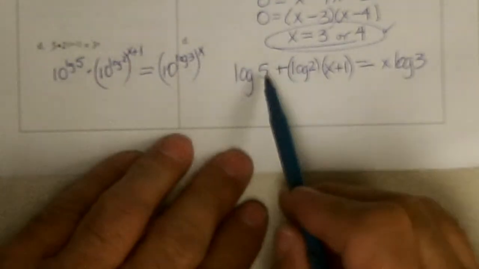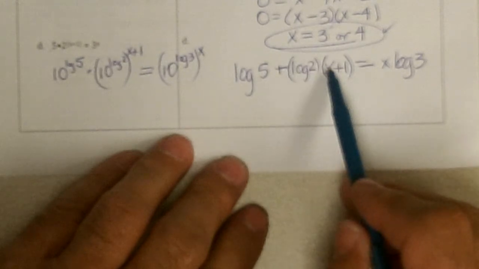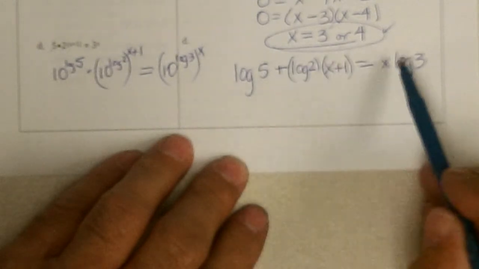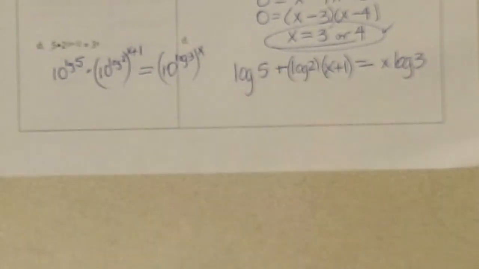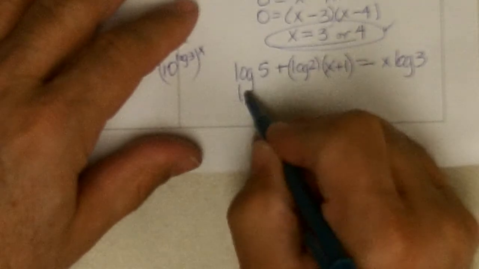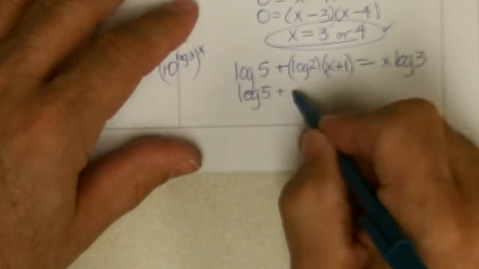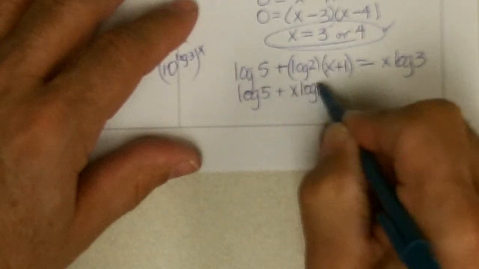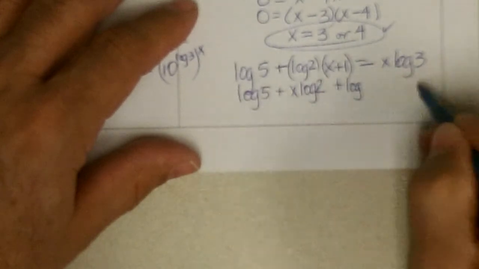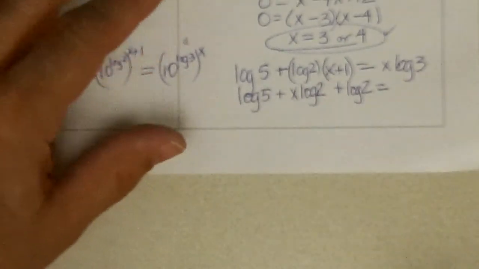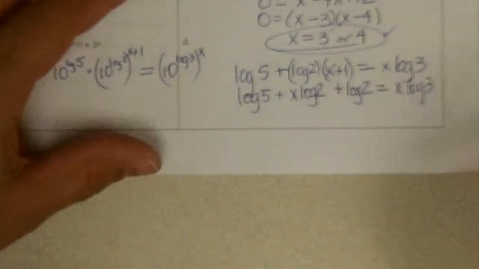Alright, this is just a number. This is going to be a number times x, and then a number. And this has got an x on it, so I'm going to move those over. So I'm going to rewrite this, first distributing that. Log 5 plus x times log 2, and then times the 1, so that's going to be log 2 equals x log 3.